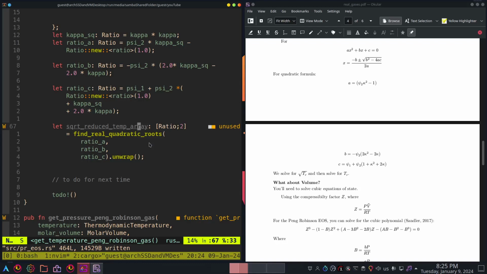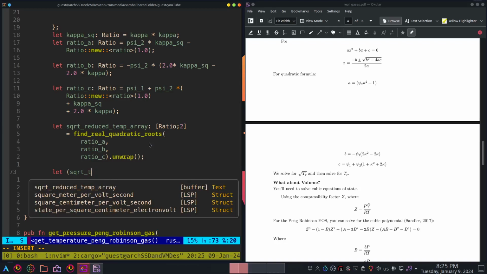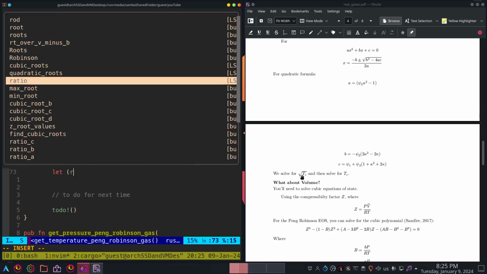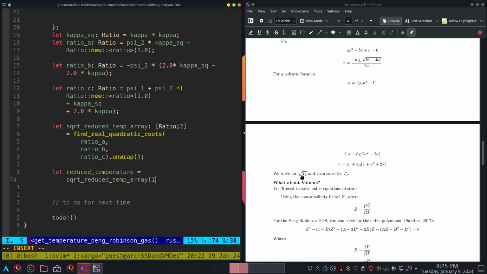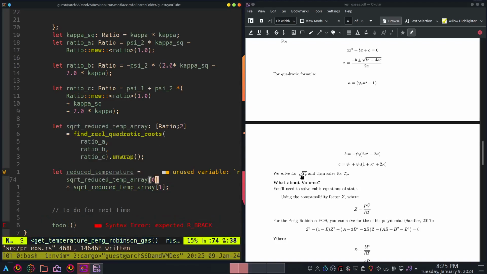So the reduced temperature array is as such. Okay, I'm just going to do the final thing. Let reduced temperature equal the square root of the reduced temp array's first value and second value. Let's see whether this works.